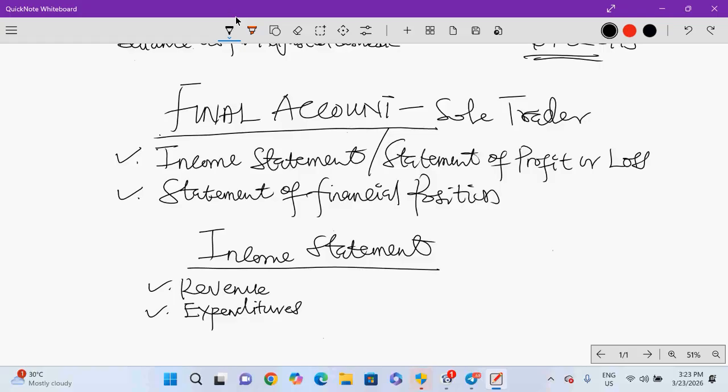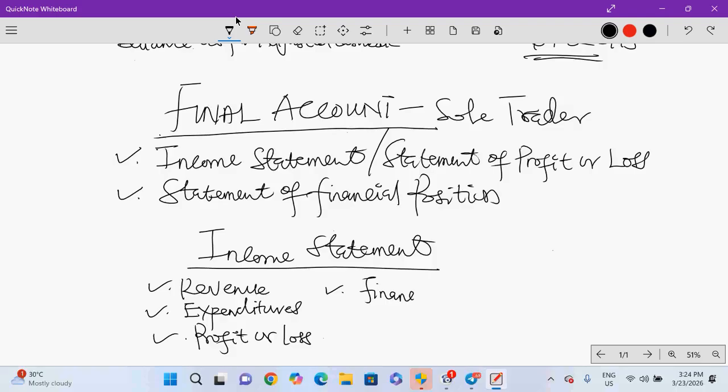So why do we even prepare the income statement? To be able to determine whether the firm is making profit or loss, and that is to say that it looks at the financial performance of the entity.